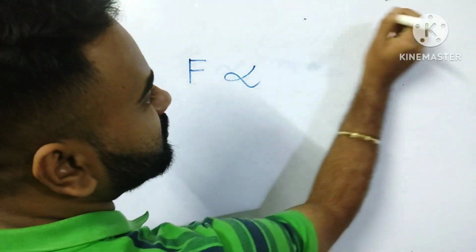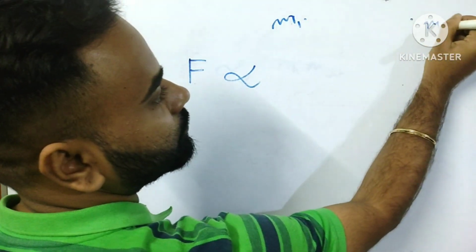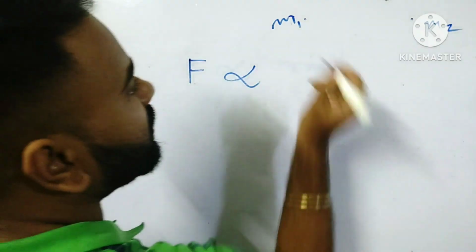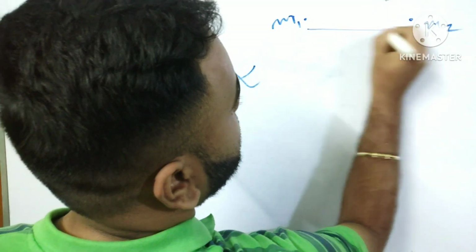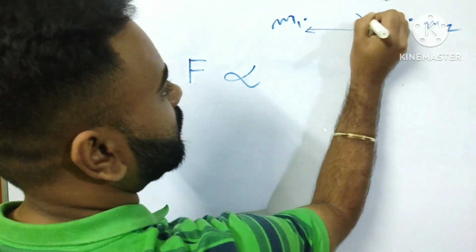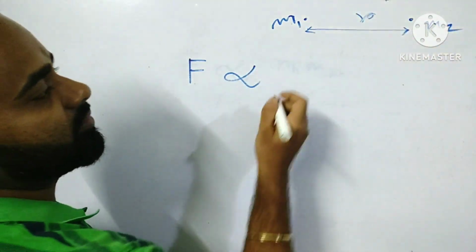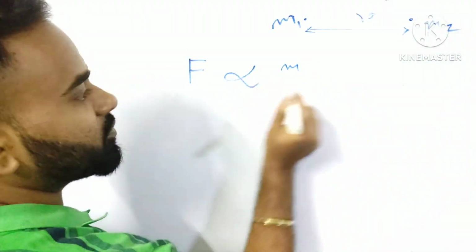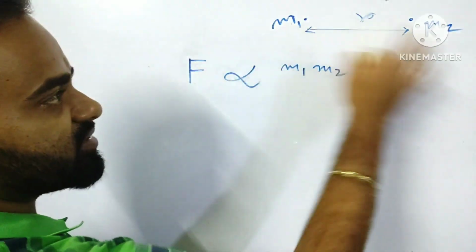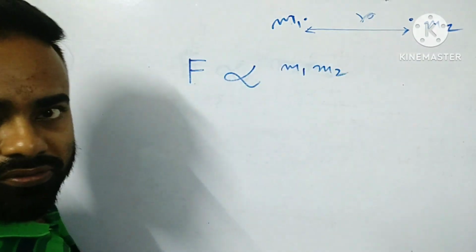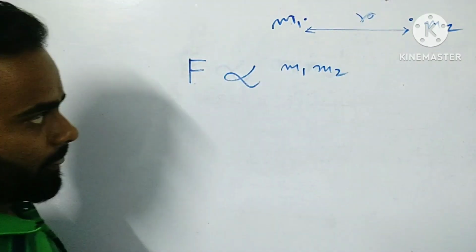Think of two objects, M1 and M2, separated by a distance small r. So F is directly proportional to M1 into M2.